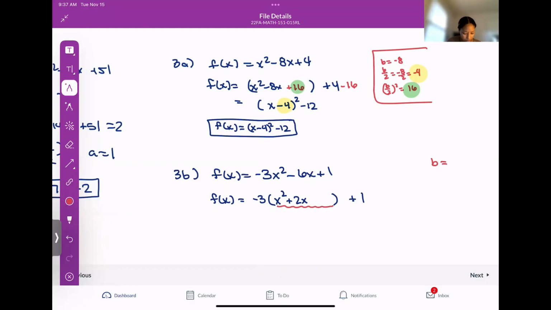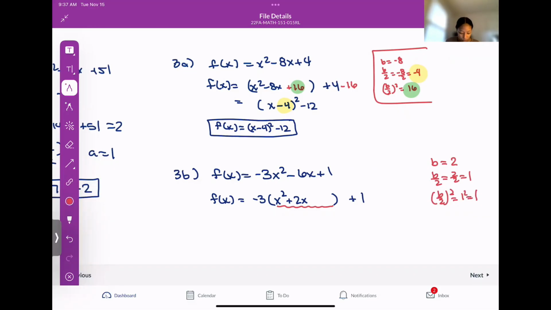Okay, give me 1 second. Okay, I'll come back to that. So here, if we look just inside of the parentheses, b is equal to 2. Then b divided by 2 is 2 divided by 2, which is 1. And b divided by 2 squared would be 1 squared, which is 1. So this one isn't that bad.